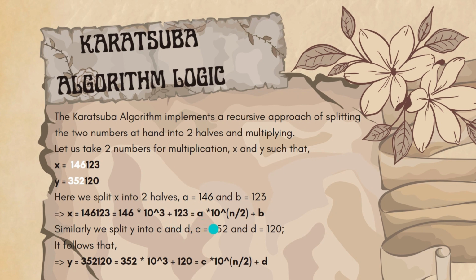This can also be written in terms of a and b as a into 10 raised to n by 2 plus b, where n is nothing but the size of the initial integer x, which is 6. Similarly, we split y into c and d, c being the first half, that is 352, d being the second half, 120, and we get a similar expression for it.